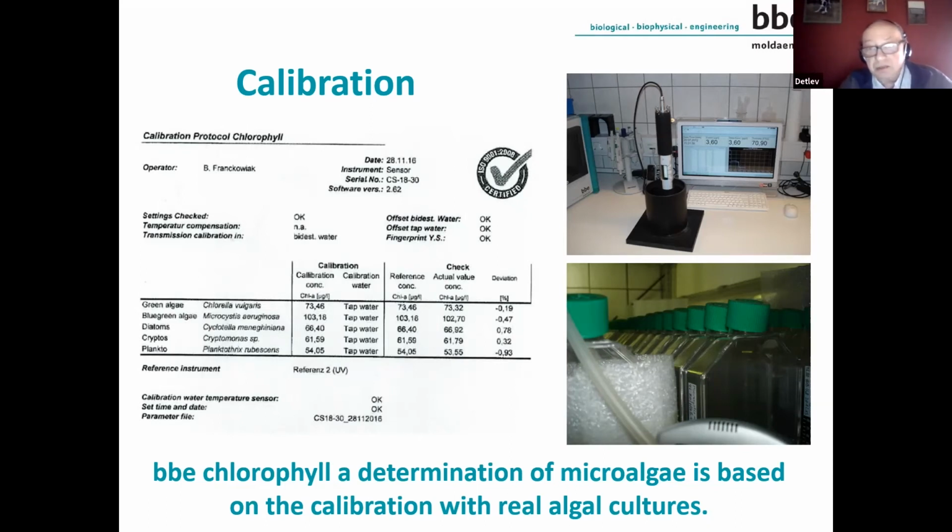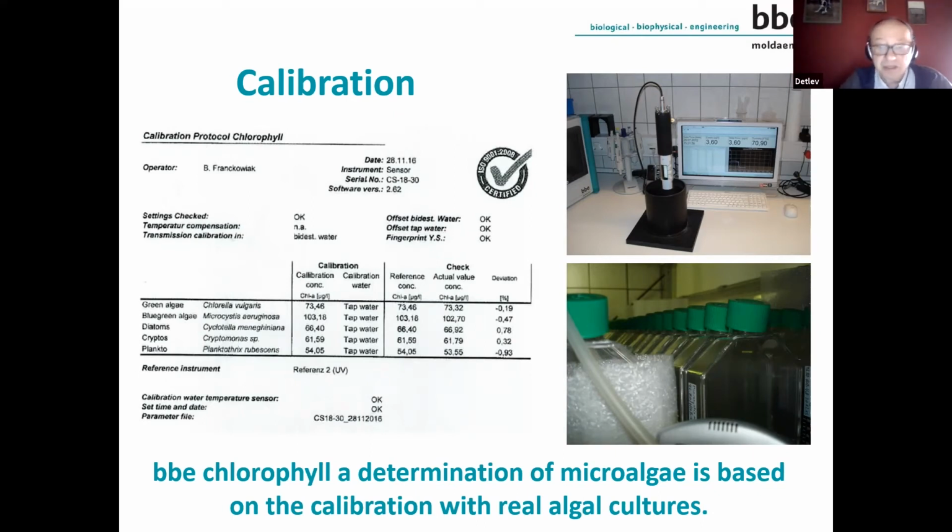For the AlgaeTorch, we only use green algae and blue-green algae, but it is sufficient because with the AlgaeTorch, we determine the amount of total chlorophyll, which is all algae, and especially the blue-green algae, because with the AlgaeTorch, we want to focus on blue-green algae as a class which poses a high risk of contaminating the water or is a high risk for human health.